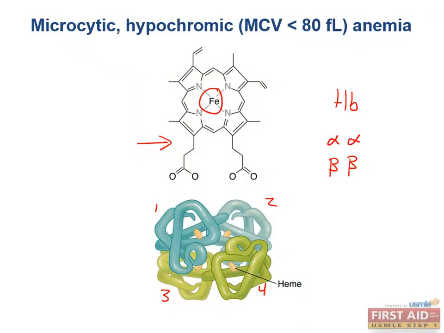This combination of 2 alpha and 2 beta subunits forms hemoglobin A, or the adult hemoglobin. The adult hemoglobin will be the predominant form of hemoglobin for the remainder of that person's life. There is also normally a small fraction of hemoglobin A2. Hemoglobin A2 consists of 2 alpha and 2 delta subunits.